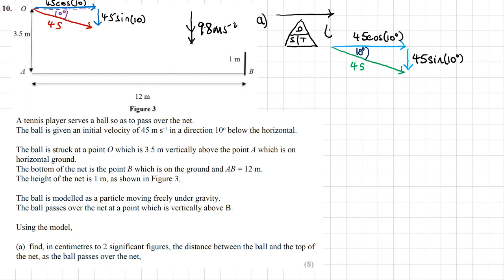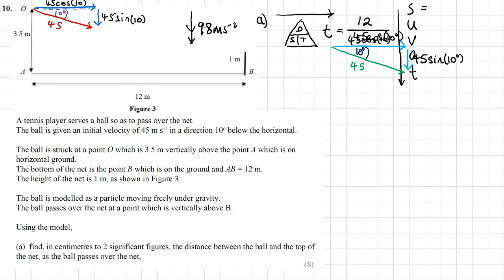I want to find the time that it takes to move 12 meters horizontally, so that's my distance, and the speed is the horizontal velocity, which is 45 cos 10. I'm going to leave it like this, I'm not going to work that out, because I'm going to put it into suvat vertically, and I'm going to take downwards as positive since the initial velocity is down. I want to work out the displacement from this height of 3.5.